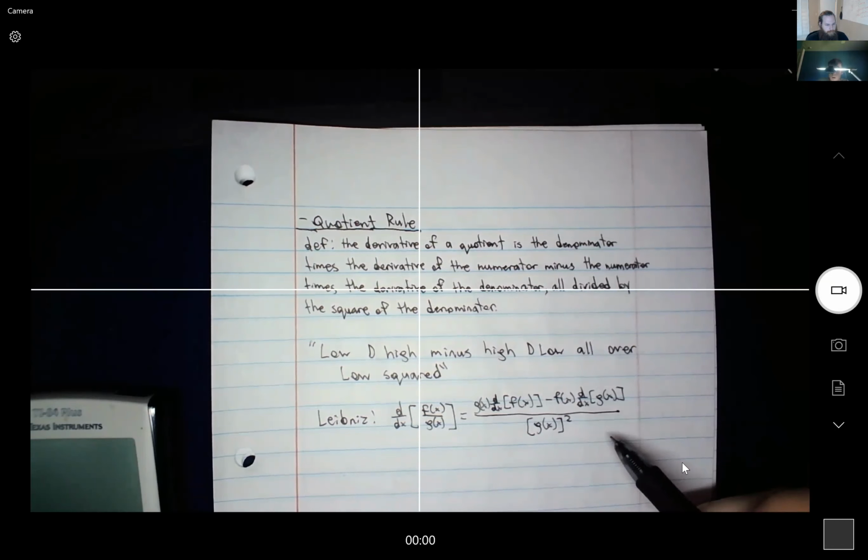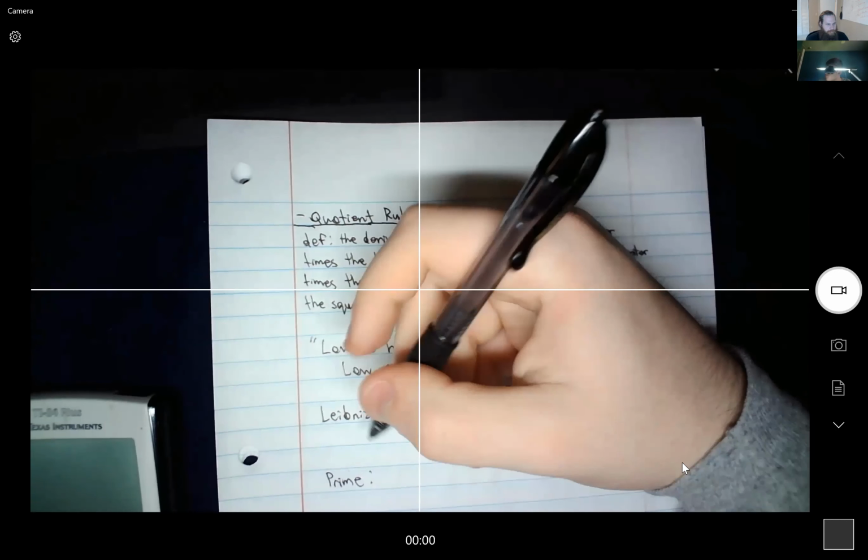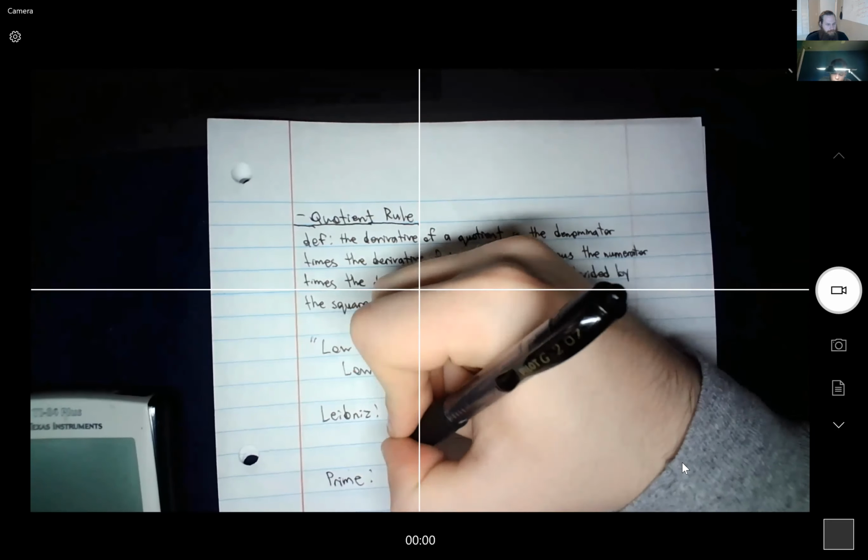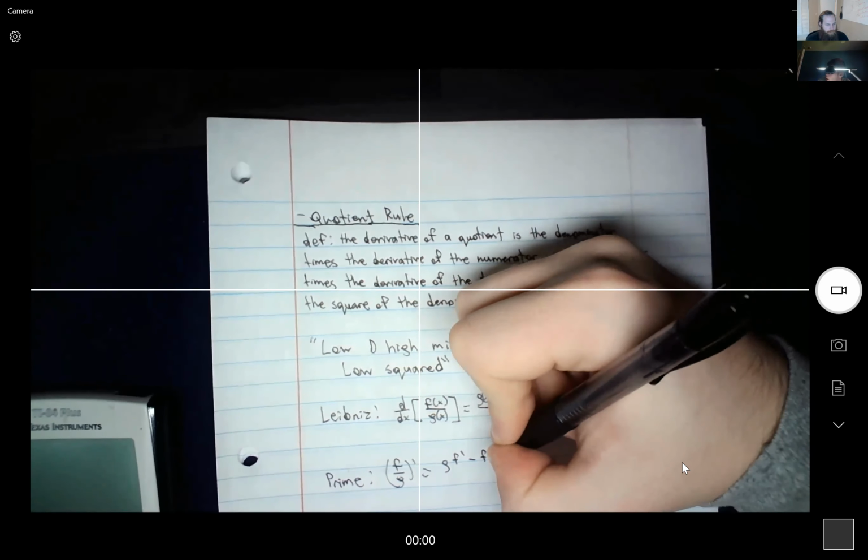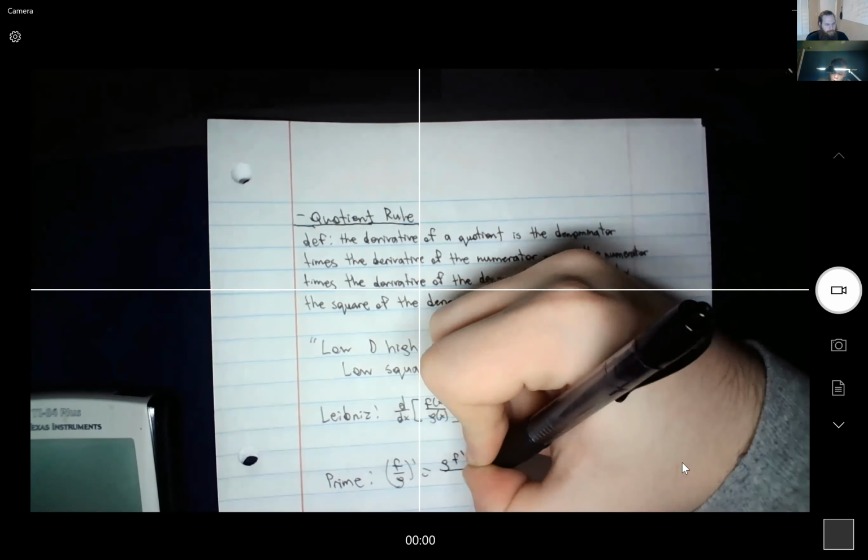So that also seems like a lot. Not my favorite notation. I prefer the prime notation. So here is the prime notation: (f over g)' equals g times f prime minus f times g prime all over g squared.